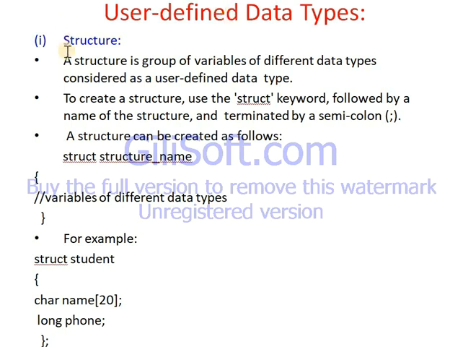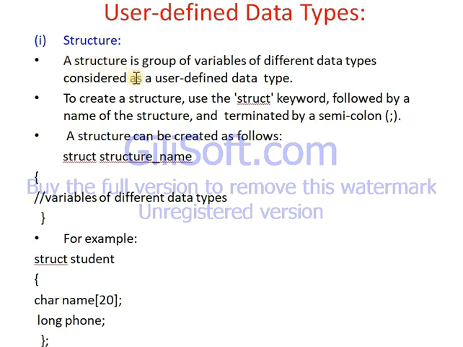The first user defined data type is the structure. We will study all these user defined data types in detail in the next units, but in short, we will see them here. First, structure.